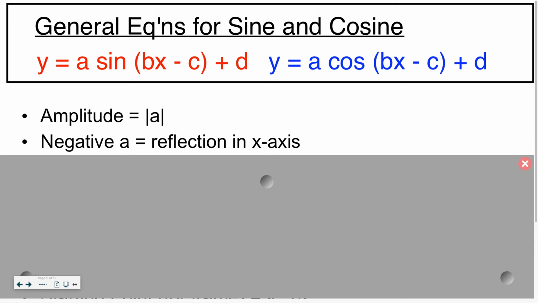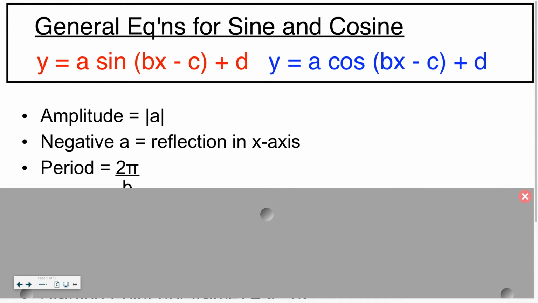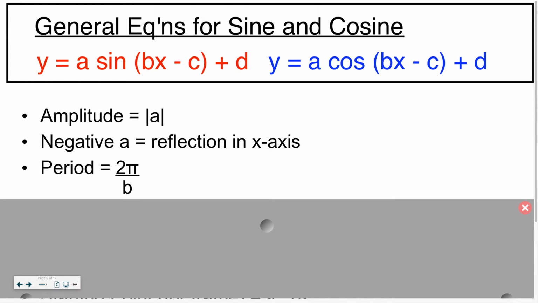So I kind of talked about that when we looked at the definition of a period, right? Instead of a sine graph being mountain high, valley low, if we reflect it over the x-axis, it's going to be valley low, mountain high. So you can reflect those waves. Okay, the period, remember that's your horizontal distance. So your horizontal distance, like a slinky, is going to be affected by the horizontal stretch or shrink.